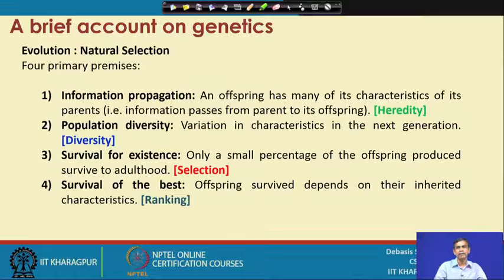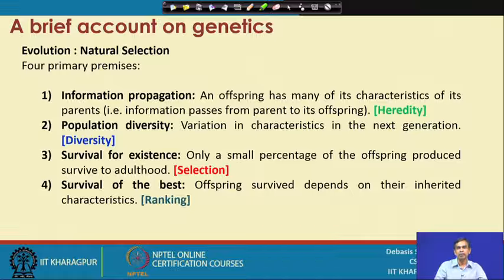And population diversity, which Charles Darwin termed diversity only, is the variation in characteristics in the next generation. If we see different generations, no two generations have the same identity always; there is at least some minor difference, but differences are there. The next premise is selection, which is very important, and Charles Darwin termed it survival for existence.